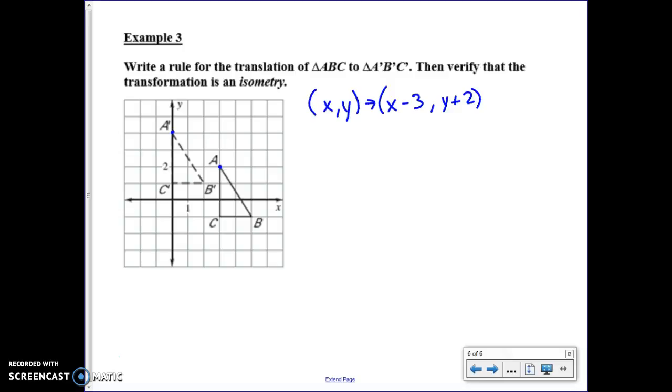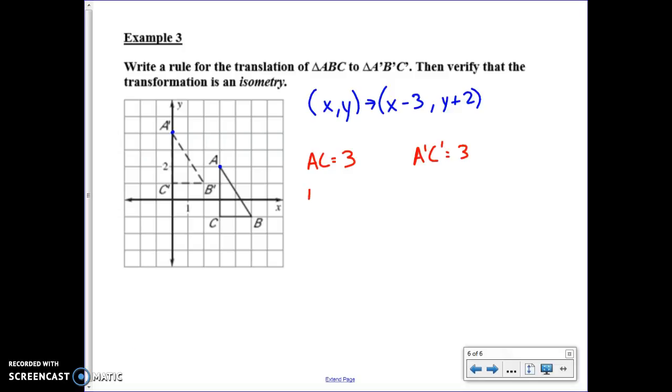To do that, I'm going to verify that all of the sides are the same length. That typically would mean that we have to do the distance formula 6 times. But I noticed that AC is a vertical line, so I can just count those boxes, and AC has a length of 3. A prime, C prime also has a length of 3.